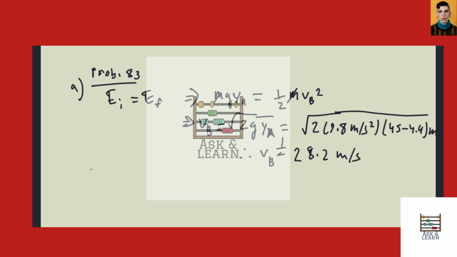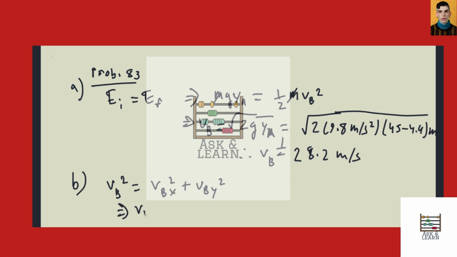Okay. All right, in part B, this is where we start diverging from the simpler situation of problem 83, because you have different components. You have a horizontal and vertical component of motion at B. So from the Pythagorean theorem, we know that VB squared is the sum of the horizontal component squared and the vertical component squared.